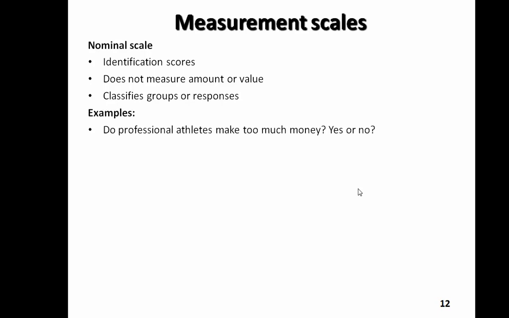Some examples, as we examined in a previous lecture, include the question of whether people believe that professional athletes make too much money. The questionnaire only allowed a yes or no response.